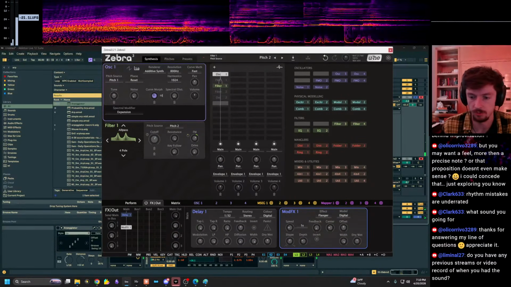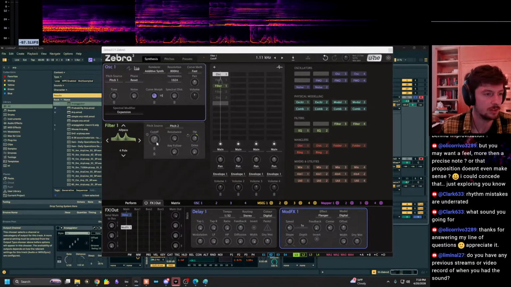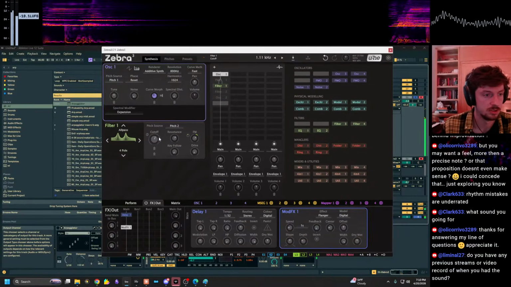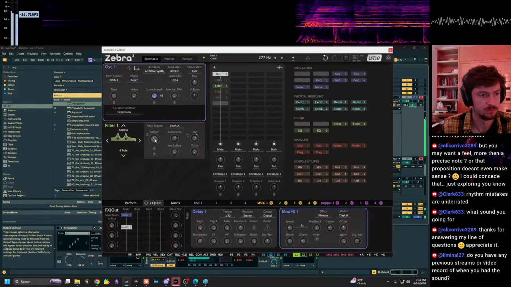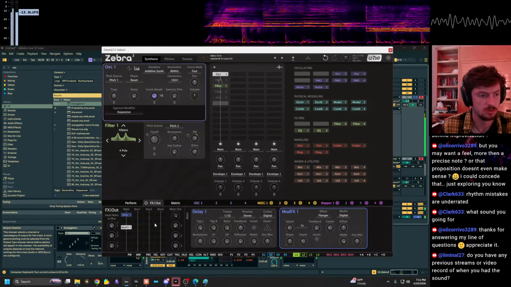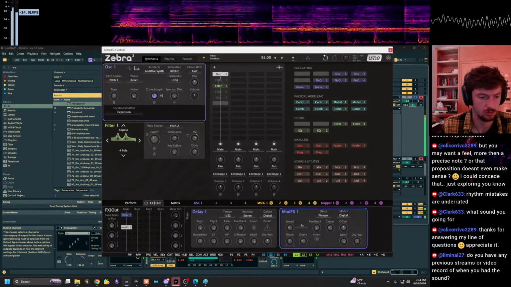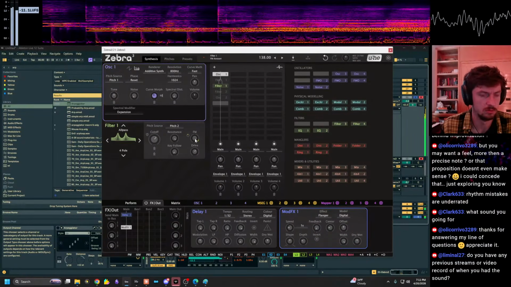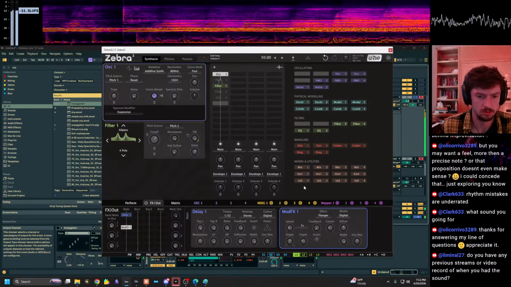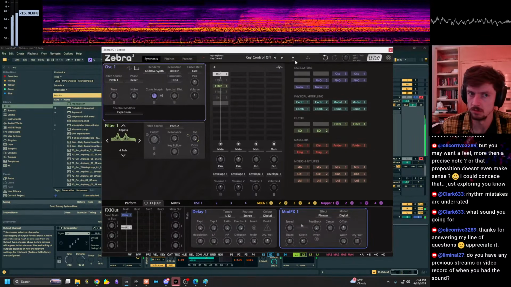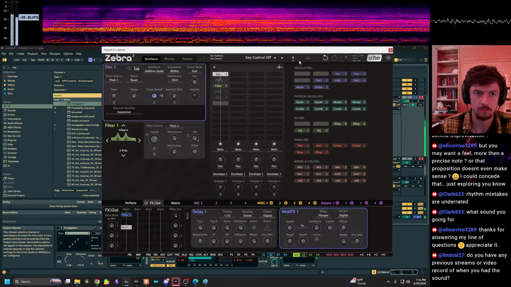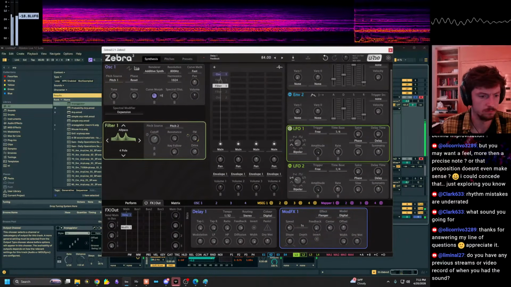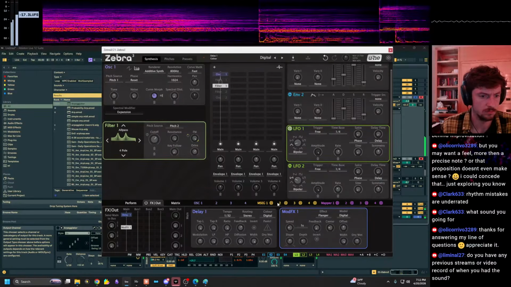Dude, the sub bass is fucking ridiculous. Why is that happening? I guess the all-pass filter, LFO response. I don't know what I did.